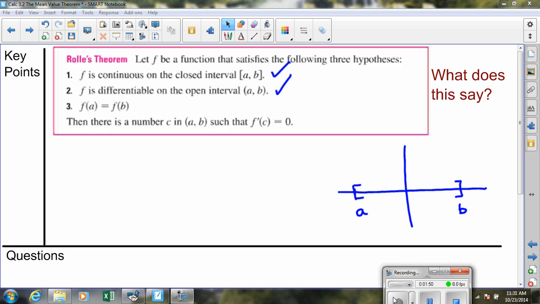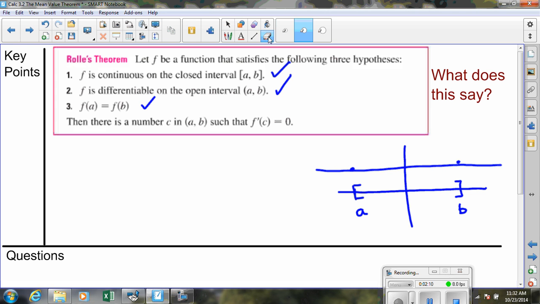The third condition tells us f of A equals f of B. So at the endpoints, here's f of A, here is f of B. We have 2 points that are on the same flat line.